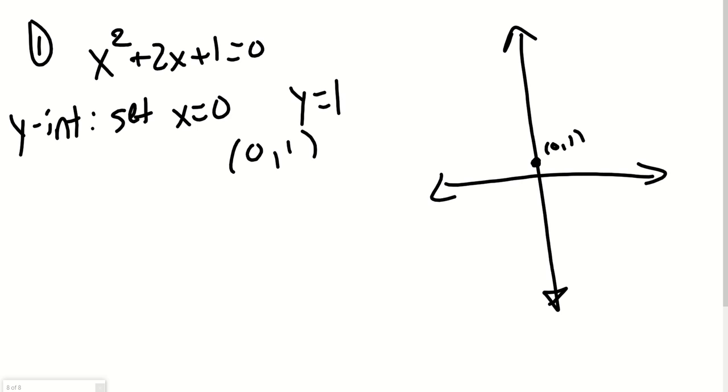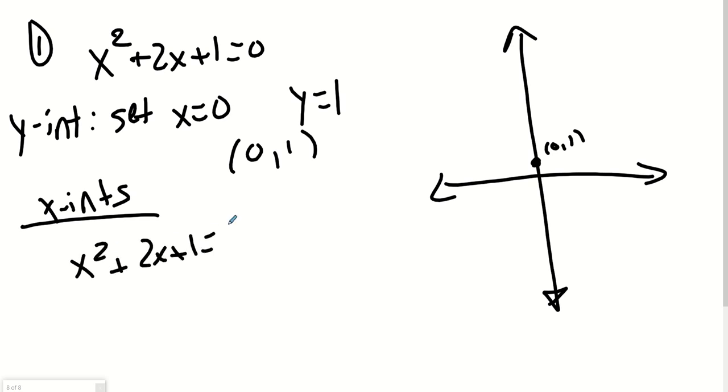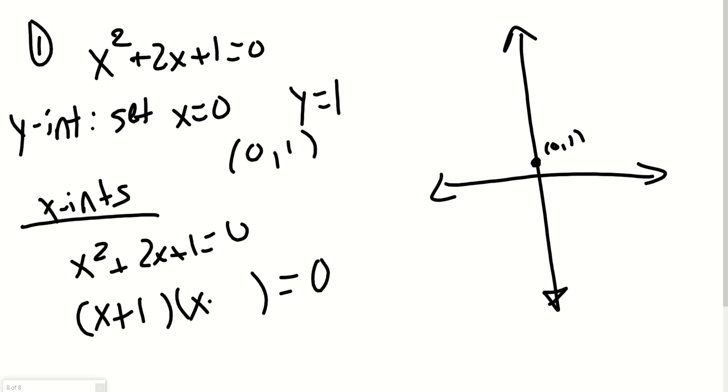Okay? Now, another way is to find x-intercepts to help us graph. x squared plus 2x plus 1 equals 0. I can factor that, just like from 11.1. Two numbers that multiply to 1 and add to 2. Well, that's just x plus 1 and x plus 1.